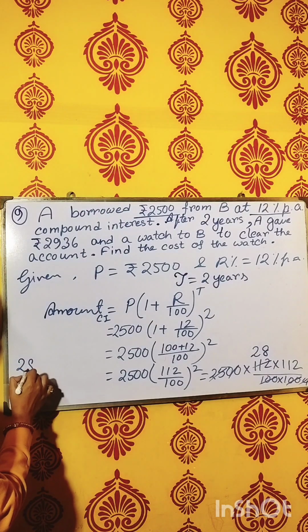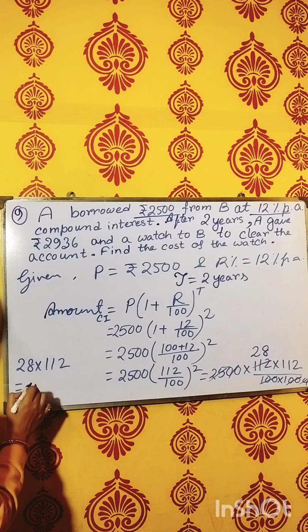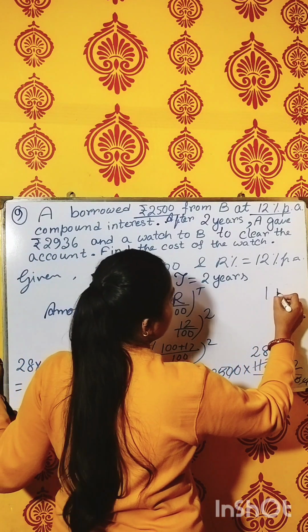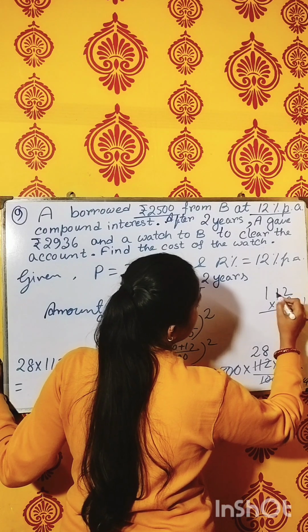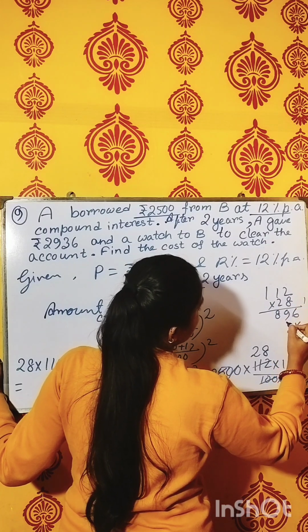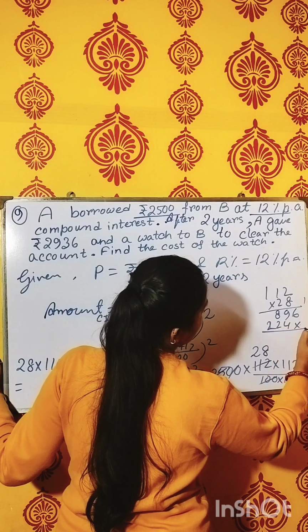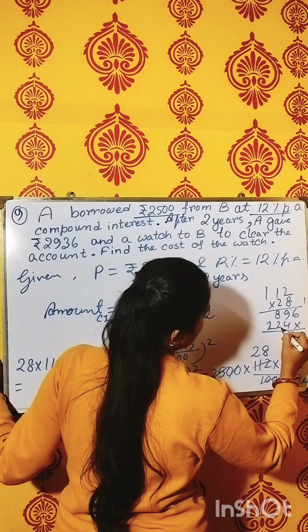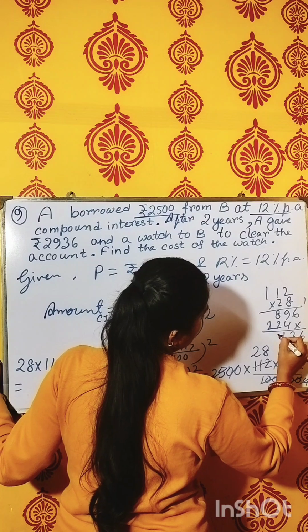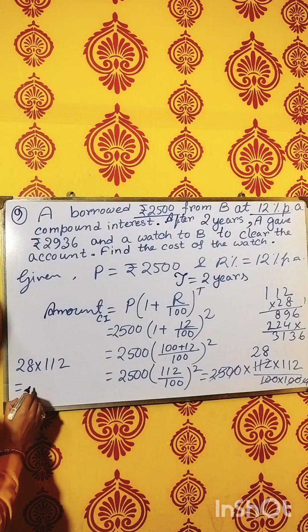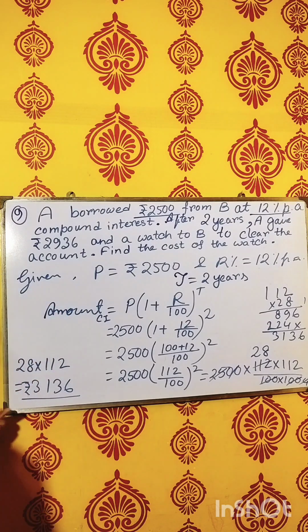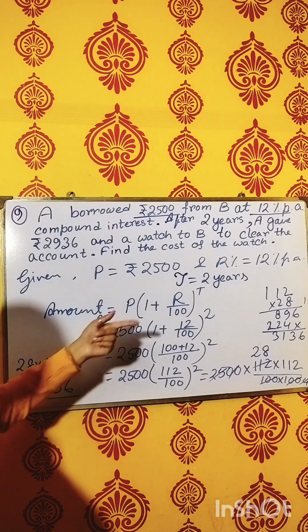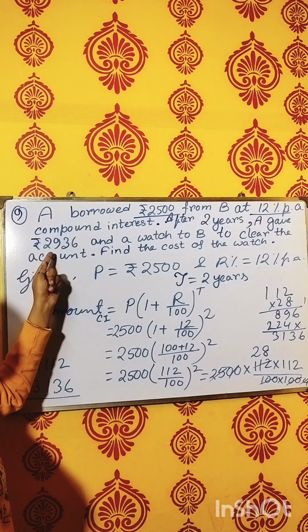Therefore, 28 multiplied by 112. Now we multiply 112 by 28 here. Therefore, the amount is 3136 rupees.